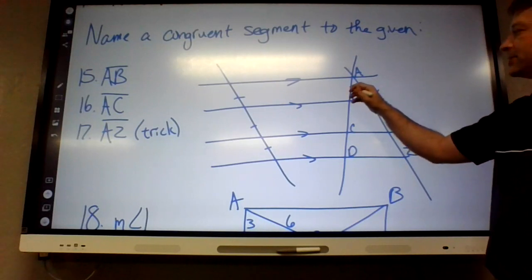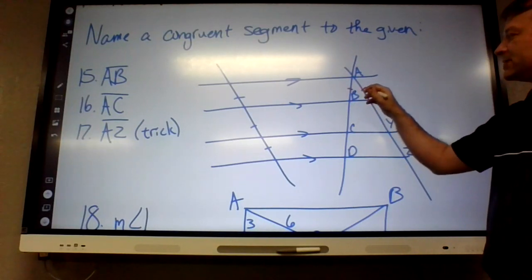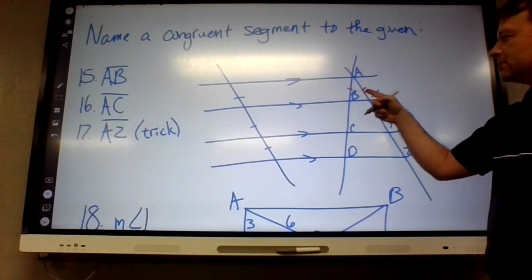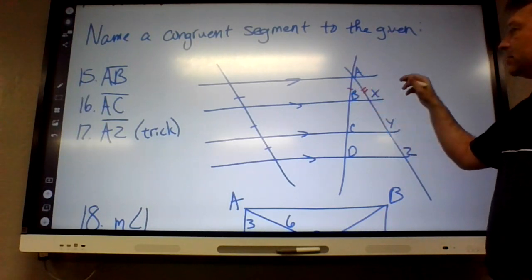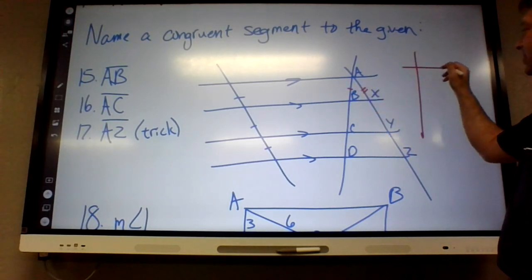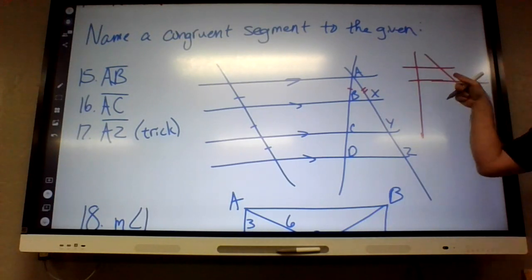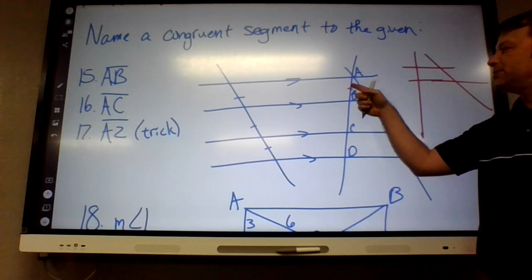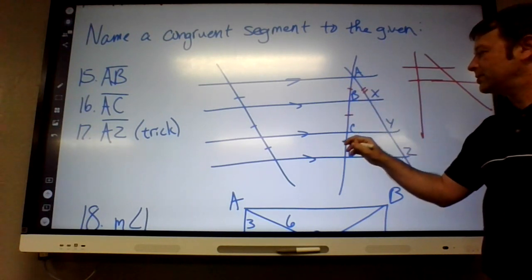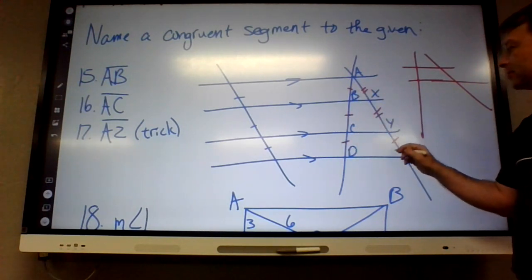But here's the question, does this segment equal this segment? No. Because if you draw a line like this and cut it, it's gonna be a lot different than this line. So no, these two are not congruent. These are congruent and these are congruent.